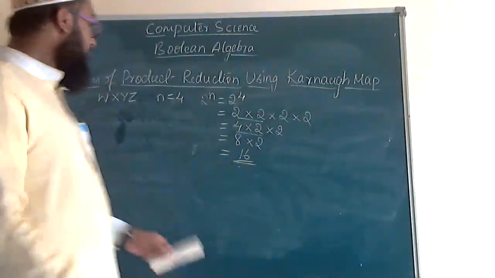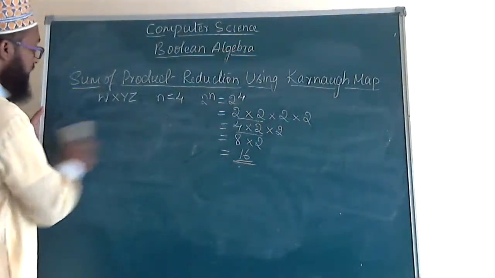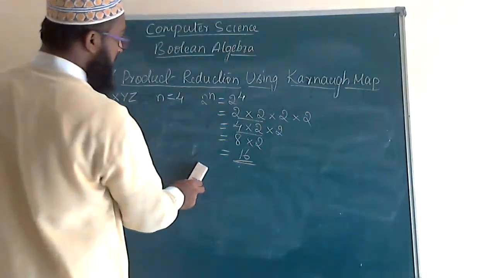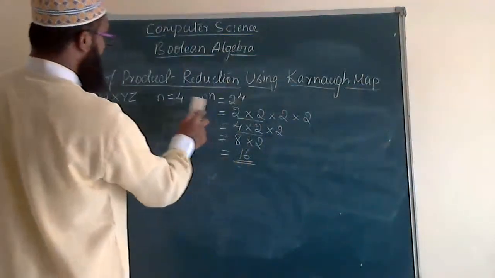Now I am going to draw the Karnaugh map of 16 squares. Hope you have understood this.